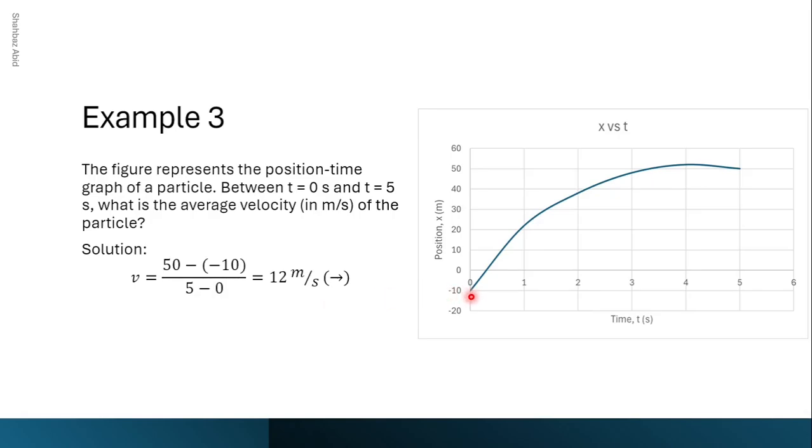So I have moved from x equals -10 to x equals 50 by moving forward. This indicates the slope of this line, and it's not instantaneous, it's an average velocity. If I want to calculate instantaneous velocity, I have to take a derivative of the function if I know the function of this graph.